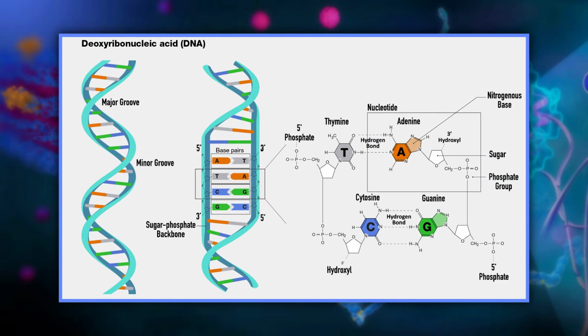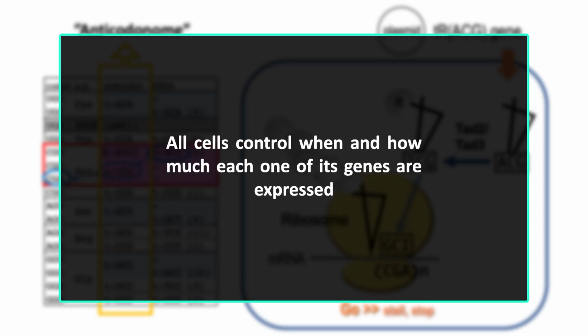For starters, the instructions for making proteins are written in a cell's DNA in the form of genes. All cells control when and how much each one of its genes is expressed. First, we need to understand what it means when we say that a gene is expressed.